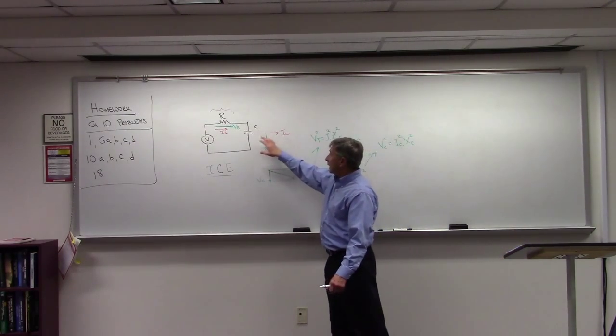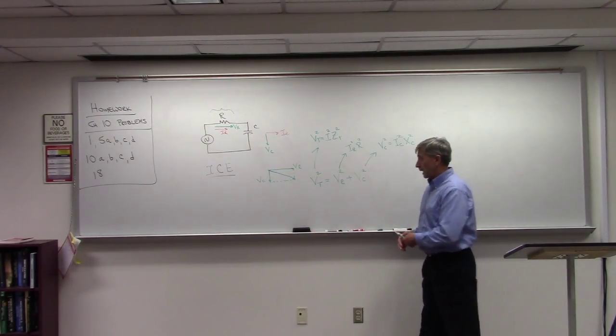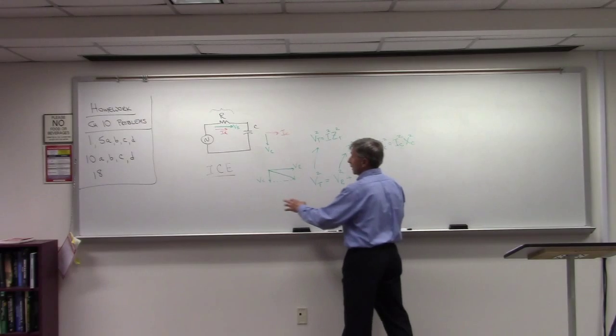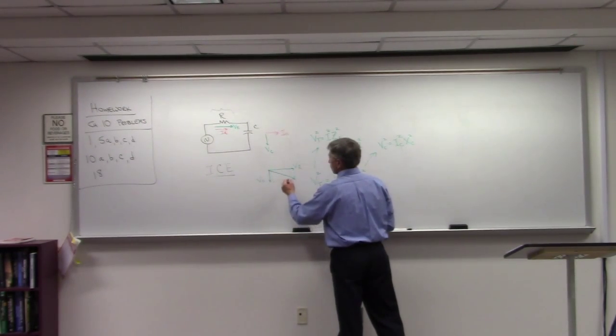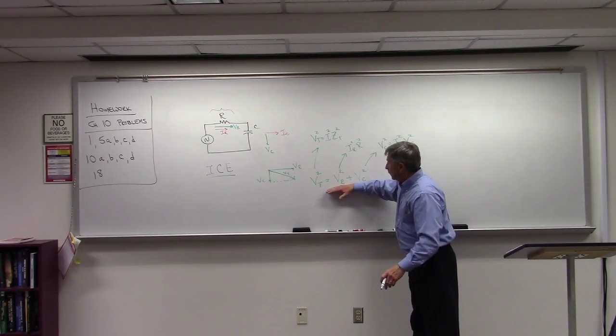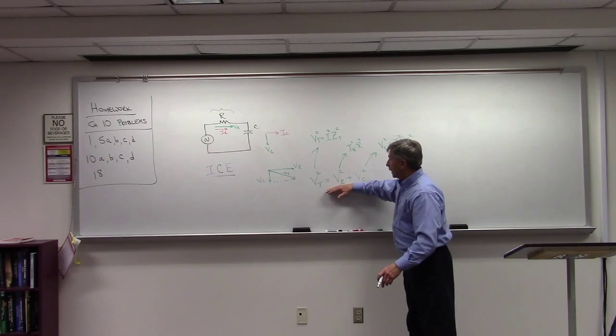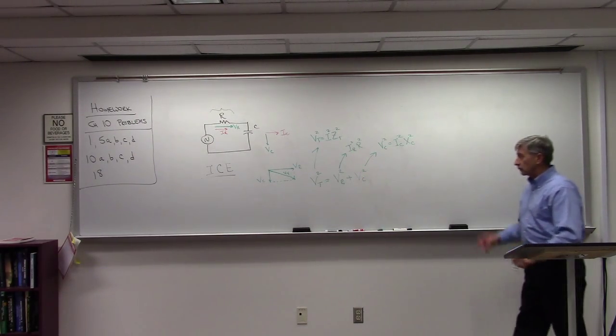Because those waveforms are out of phase by 90 degrees, I have to draw it this way, and now I want to use this equation, which is basically the Pythagorean theorem, to come up with a total impedance for that circuit.